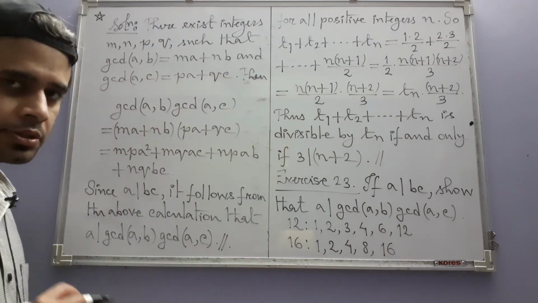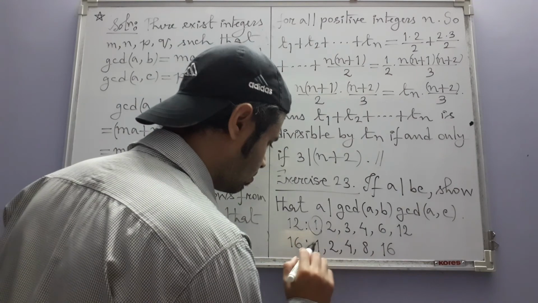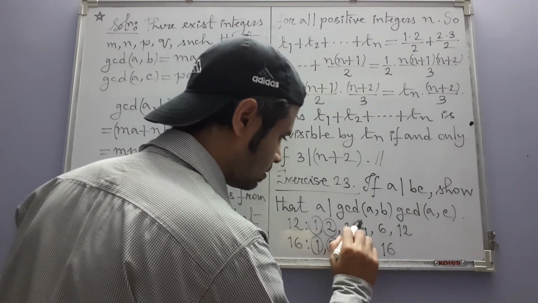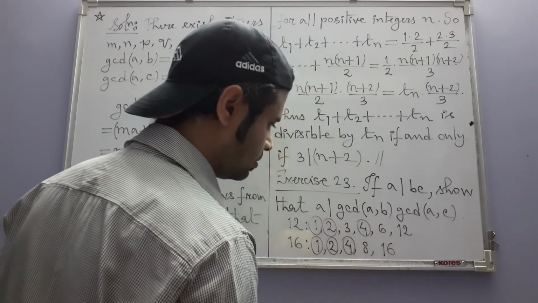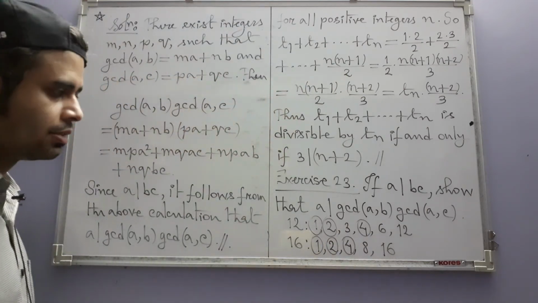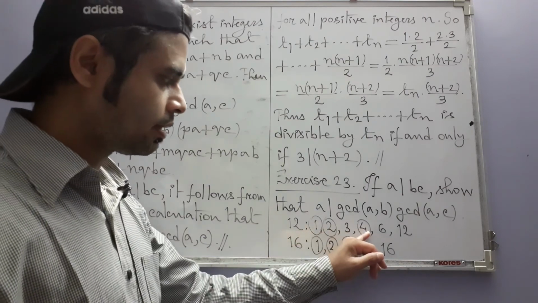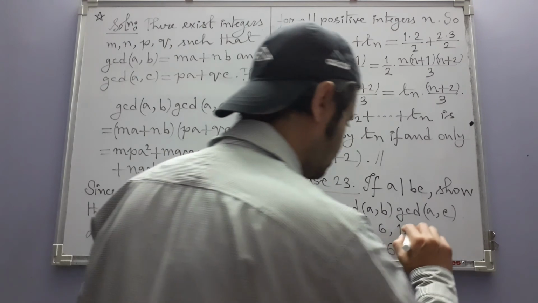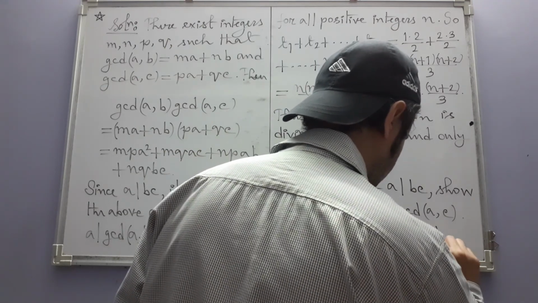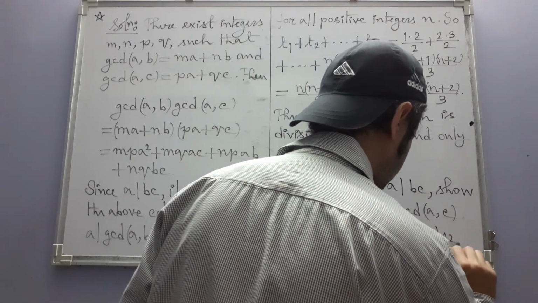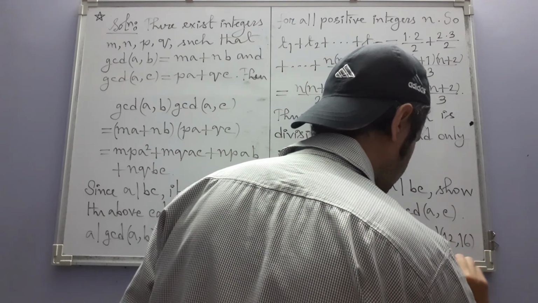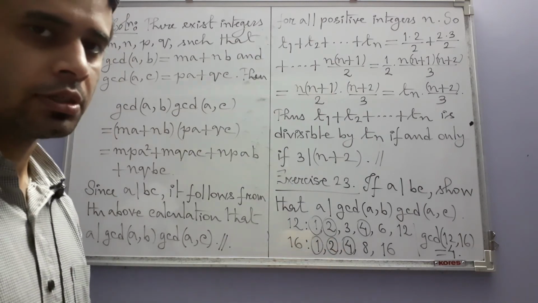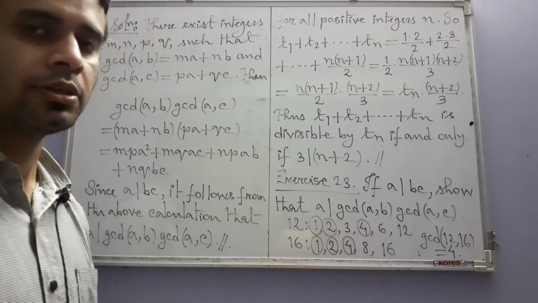The common positive divisors are 1, 2 and 4. There is no other common divisor, and the largest among those is 4. So the GCD of 12 and 16 is 4, the greatest among the common divisors.